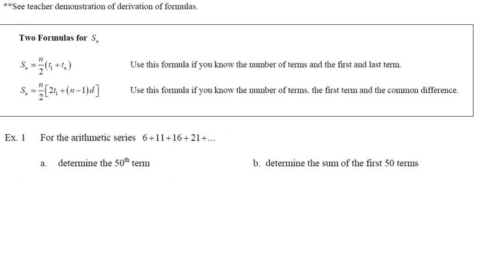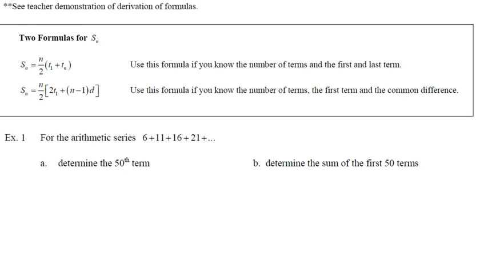Okay. Two formulas for S sub n. S sub n is n over 2, t1 plus tn. Use this formula if you know the number of terms. Both formulas need the number of terms. Notice they both have an n over 2. Both formulas need the first term, t1.